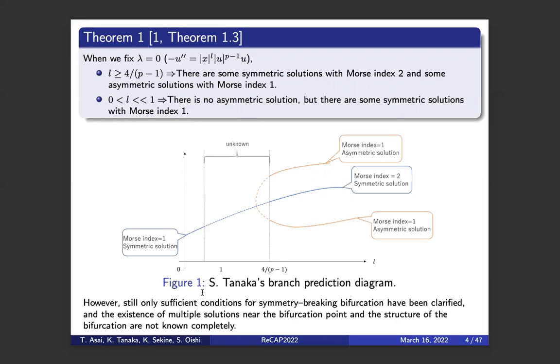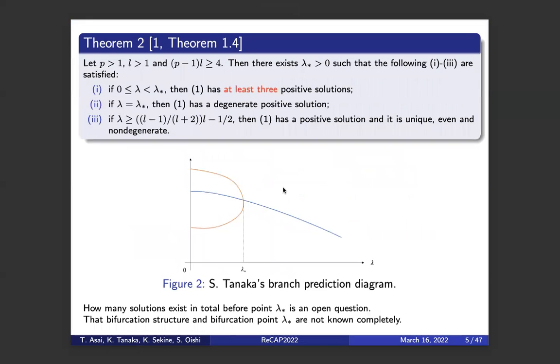However, still only sufficient conditions for symmetry breaking bifurcation have been clarified. And the existence of multiple solutions near the bifurcation point and the structure of the bifurcation are not known completely. So this area is unknown. And next theorem.